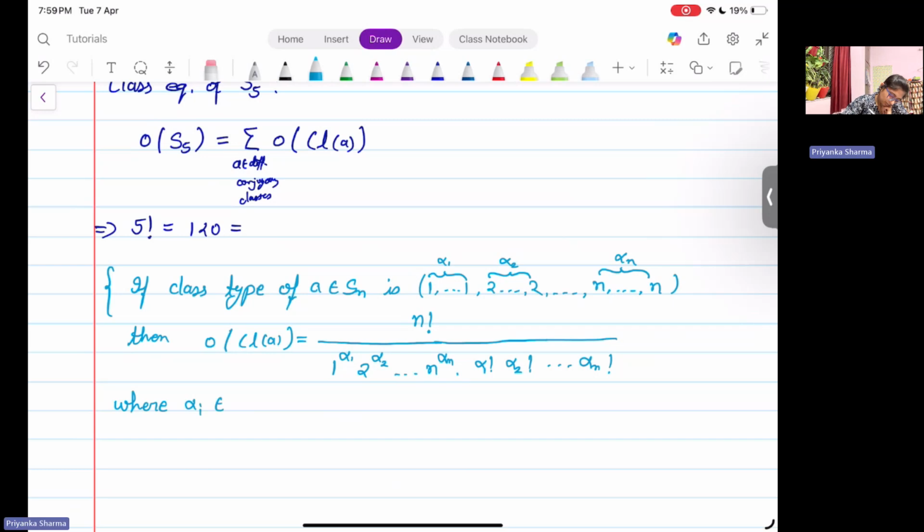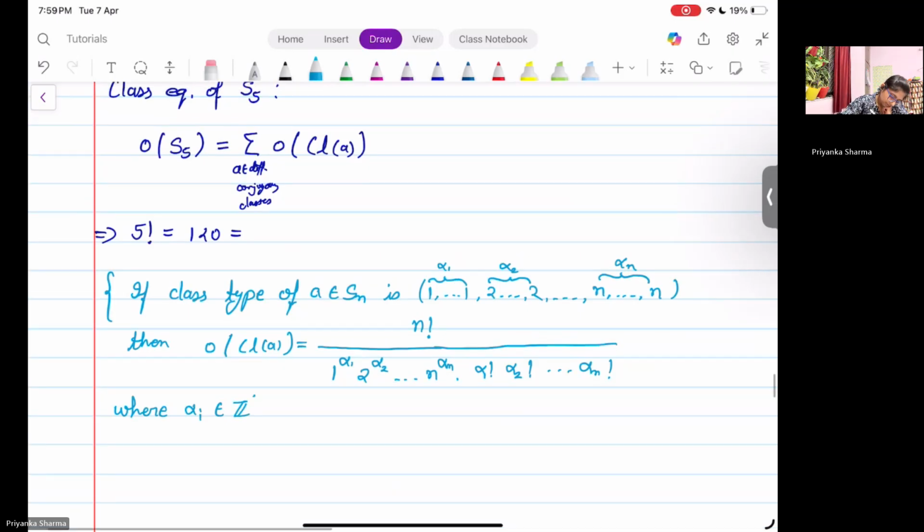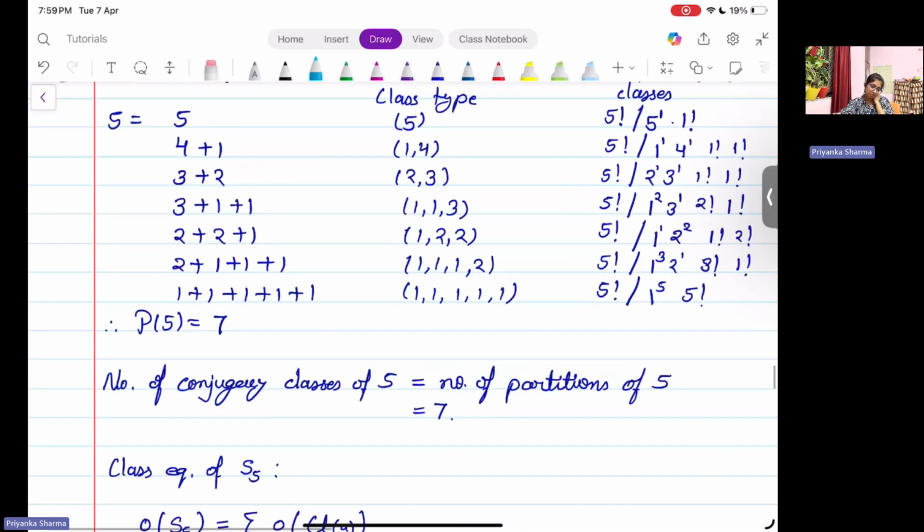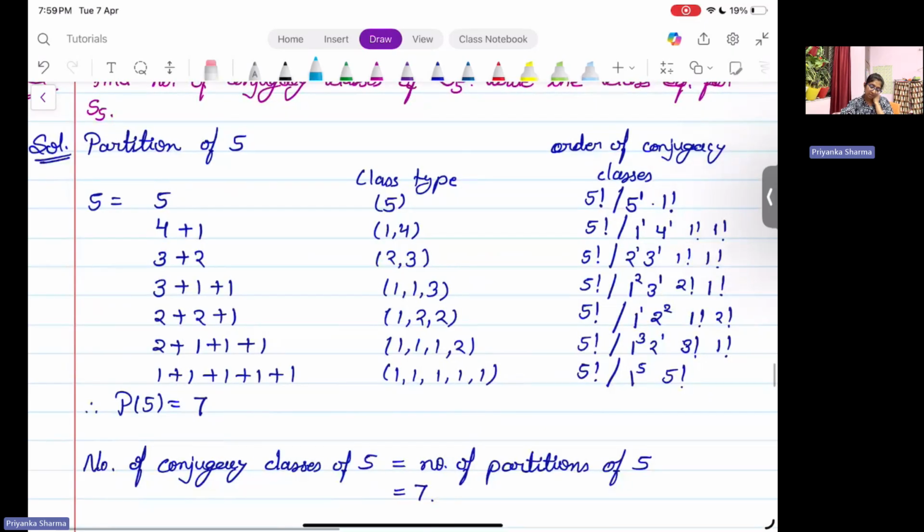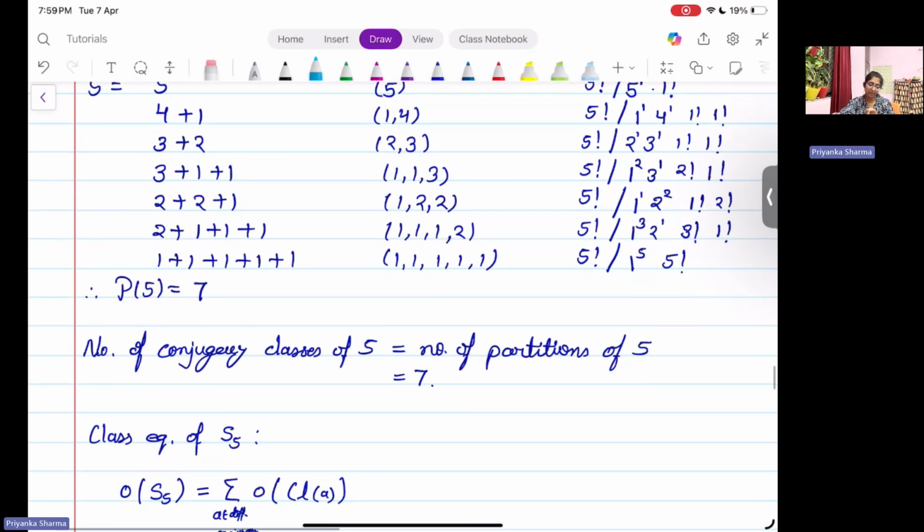Here alpha i belongs to the positive integers union 0. It can be 0 also, okay? Because see, in the first one, 1 is coming 0 times, and 2, 3, and 4 are coming 0 times.